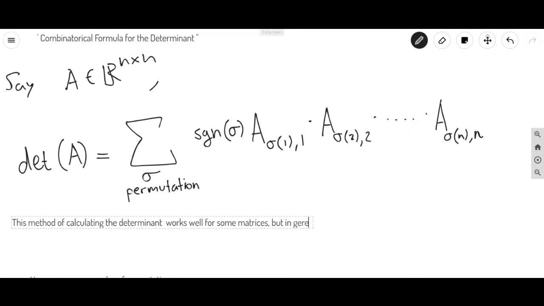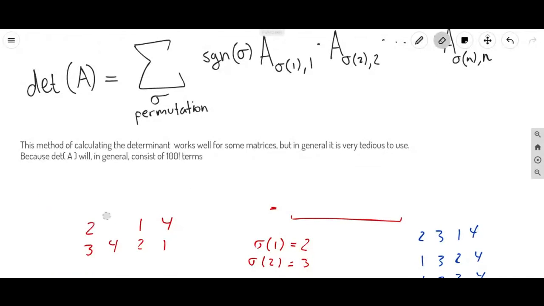In general, it is very tedious to use because the determinant of the matrix will, in general, consist of 100 factorial terms, because that's how many permutations you have.